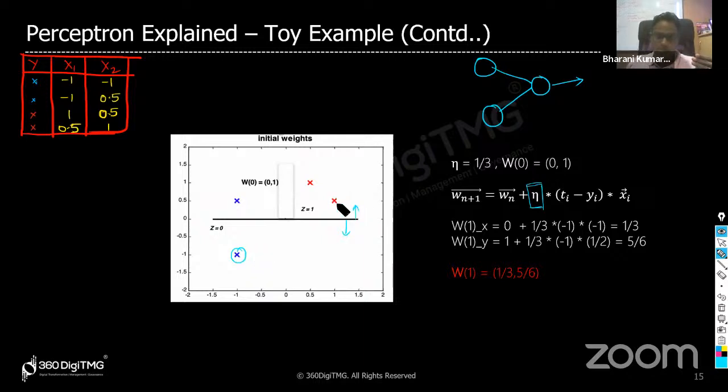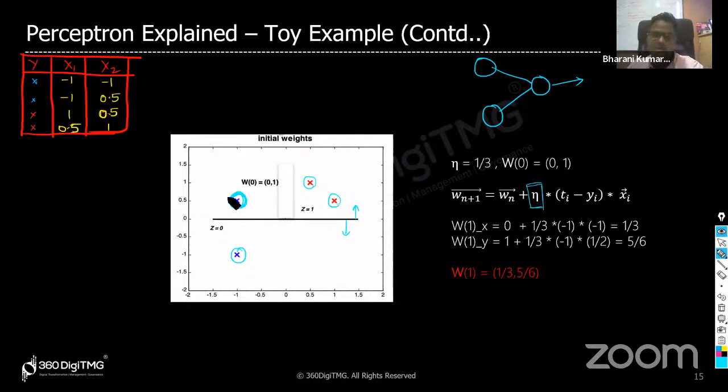This value which is above is actually red and will also be predicted as red. This is also actually red, and it will be predicted as red. But this blue point, which is above this line, will be predicted as red. But this is blue. So there is misclassification here.